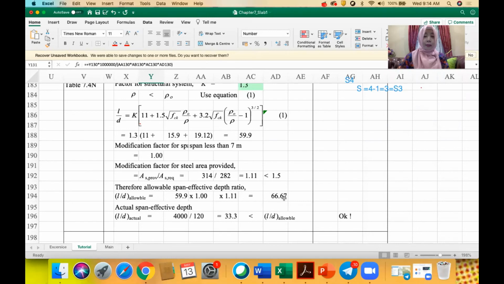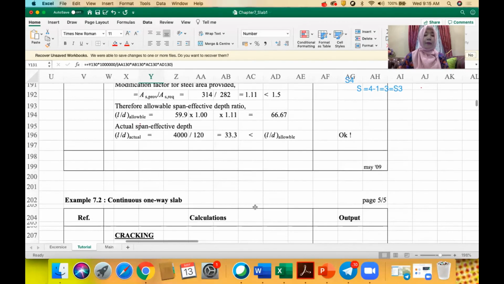So you got 60.67. Actual span is 3.3. Therefore, our checking shows that our slab is safe from the excessive deflection, since the actual L over D is much less than the allowable.